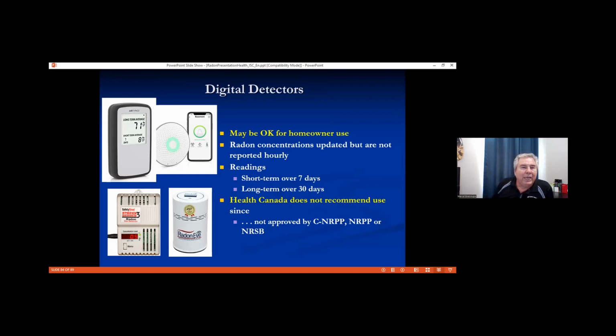It'll give you what the average radon levels are over the past week, over the past month, etc. But as a specialist, we need to know if there's something funny that happened over the last 7 days. Is there something that occurred that may have peaked your system? So we have to be able to analyze that data, and these devices don't allow us to do that.